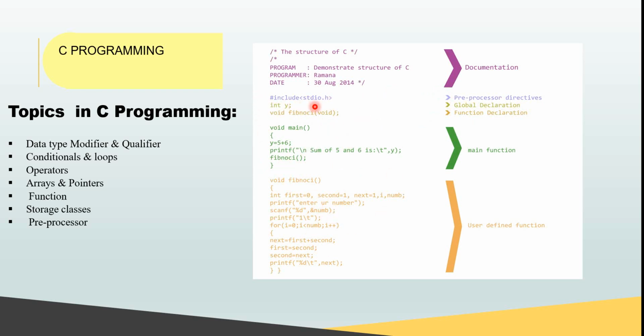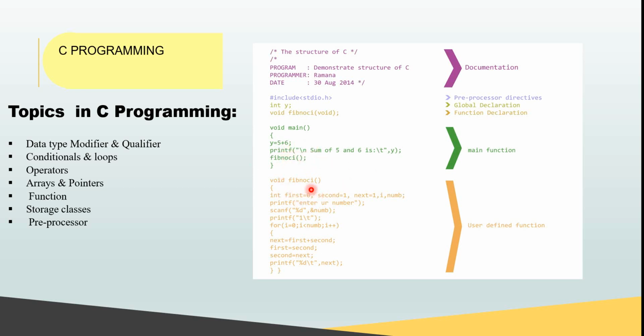Then function declaration, where we declare a function at the start of the program; this function can be used in the entire program at any time. Every program consists of a main function, which is mandatory. Without the main function we can't write the logic in a C program.